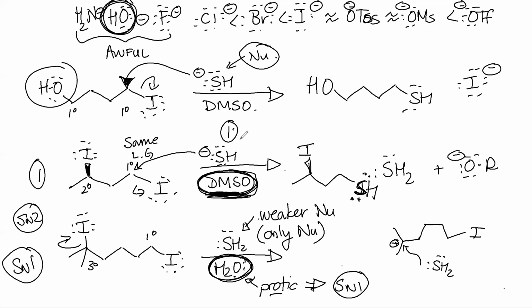And then you can see which type of carbon the leaving group is on, and make that determination this way. So for SN2, they're the fastest on primary, and they're slower on secondary. And on tertiary, they don't work at all. But for SN1, tertiary is the fastest, followed by secondary, and then they don't work at all on primary.